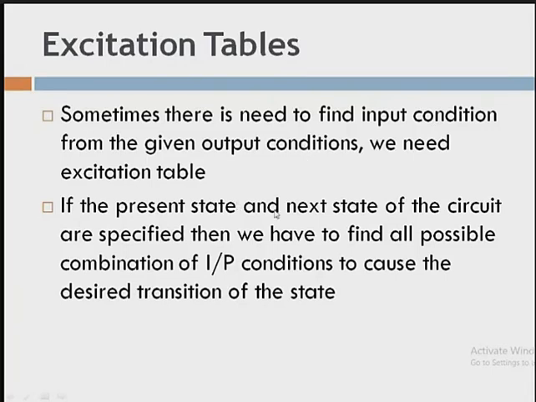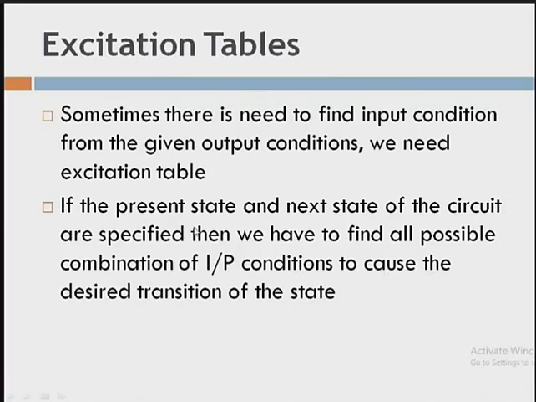So if the present state and next state of your circuit are specified, it means that you know the values of Qn and Qn plus 1, where Qn represents the present state and Qn plus 1 the next state. Then we have to find all possible combinations of the input condition to cause the desired transitions of the state.